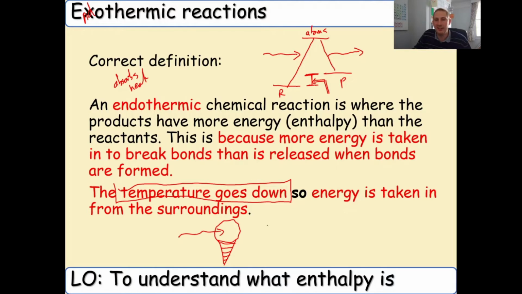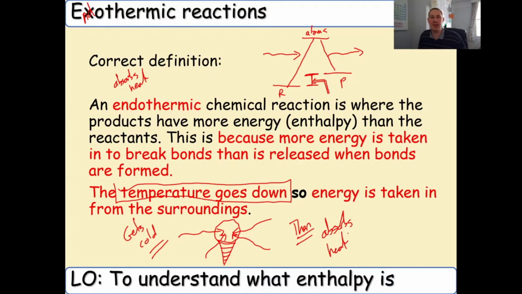What it does is an ice cream absorbs heat energy so it melts. And again, it gets cold first, then it absorbs heat. Okay, the temperature change comes first, the movement of energy with the surroundings comes second.